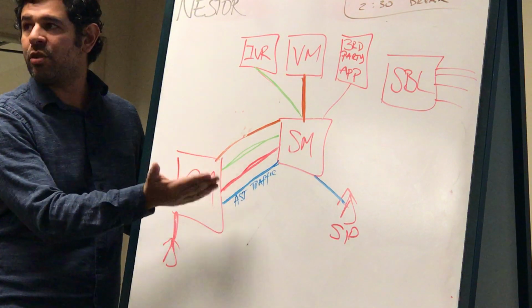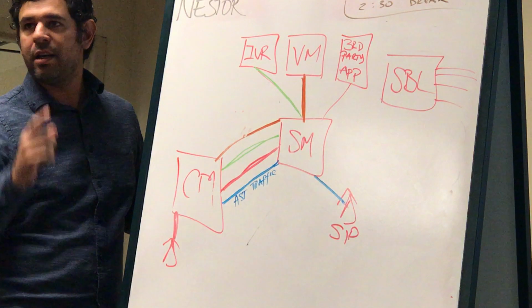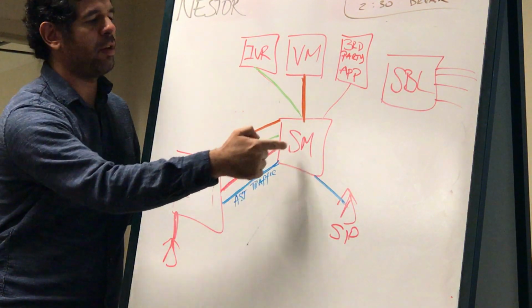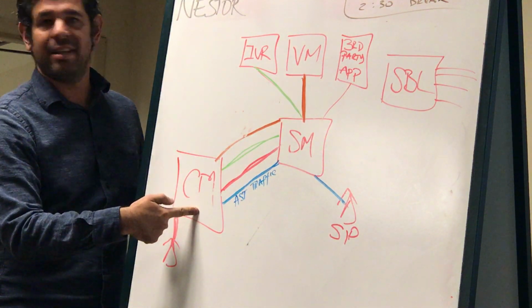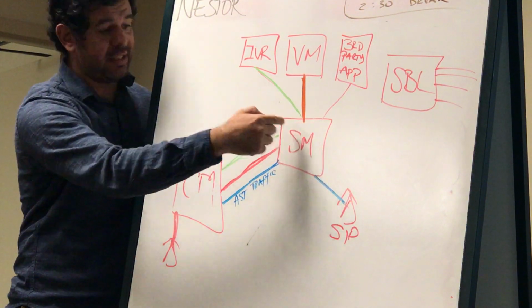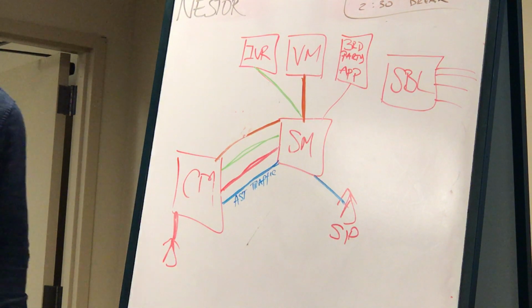So selecting the trunk for outbound traffic in CM is easy. But what about inbound traffic, coming from Session Manager to CM? How do I select the entity link? Remember that from the Session Manager perspective, this is an entity link.